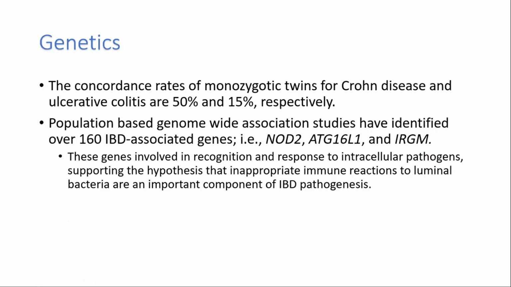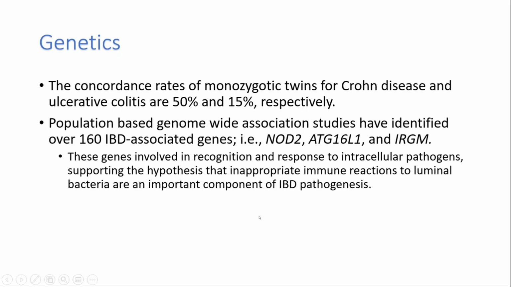If you look at the genetic component of this disease, they can prove that this is genetically associated, as the concordance rate in monozygotic twins with CD and UC is 15% and 15% respectively.